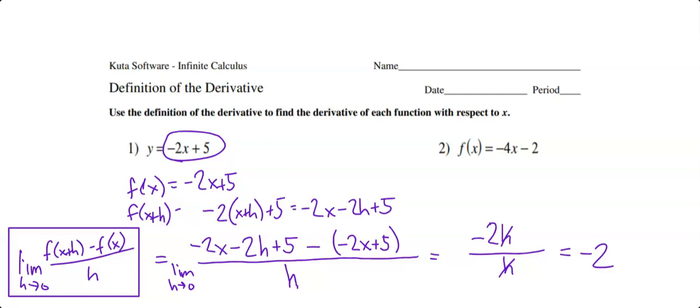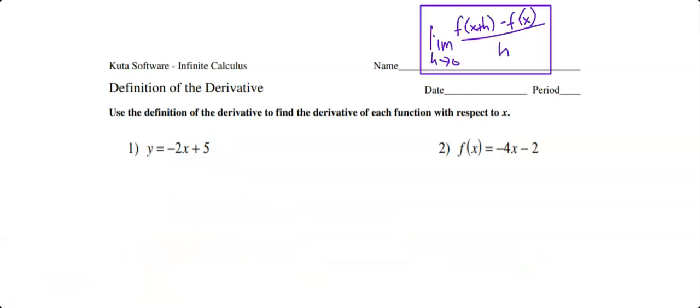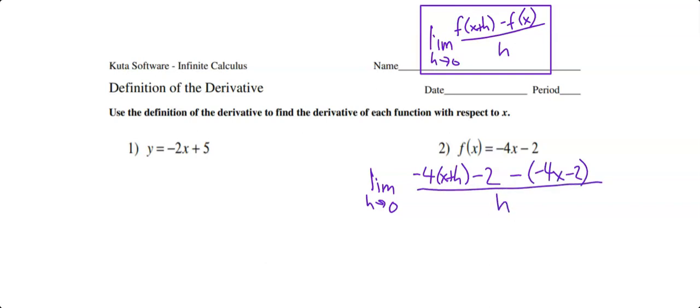Let's do another one. So now I'm going to work with problem number 2. Now I've got the limit as h goes to 0, and f of x plus h is going to be negative 4 times x plus h minus 2, and then minus negative 4x minus 2, over h.